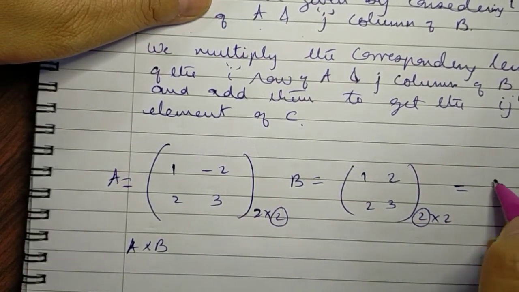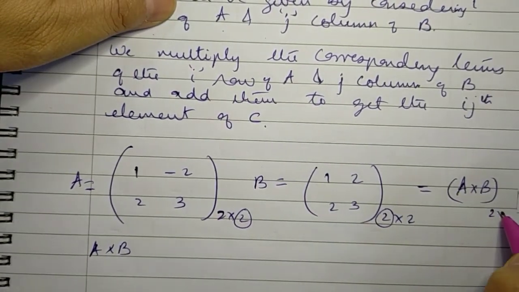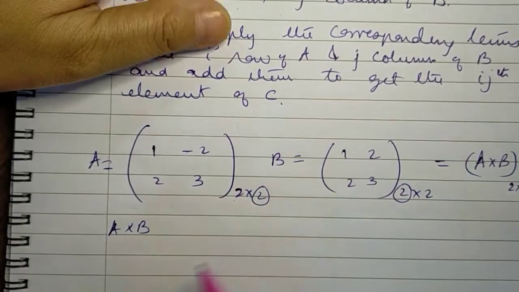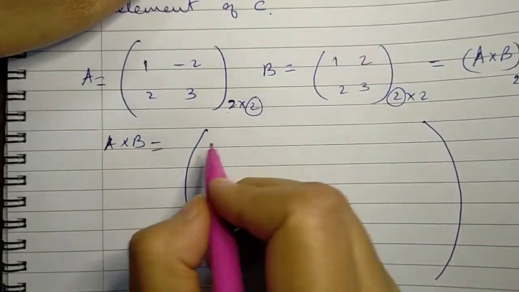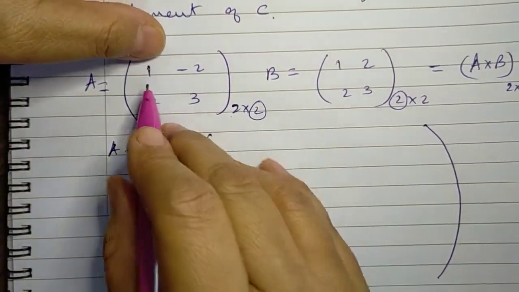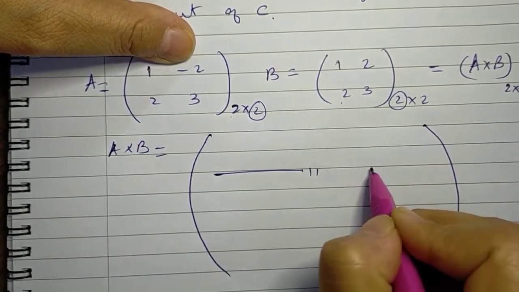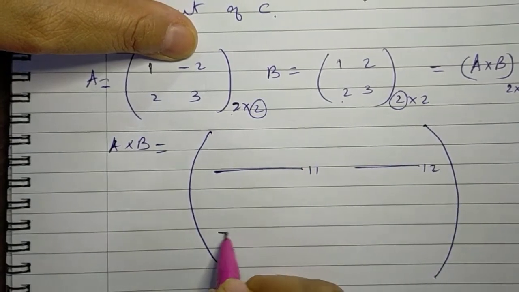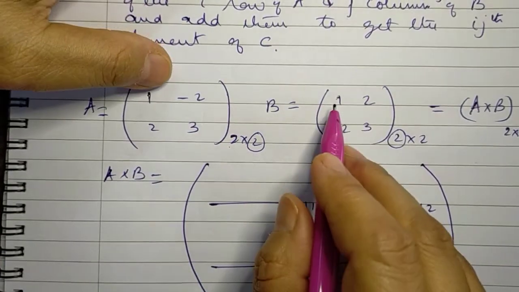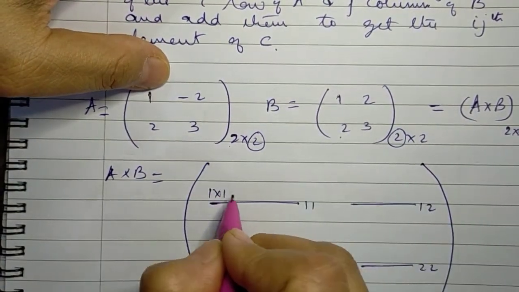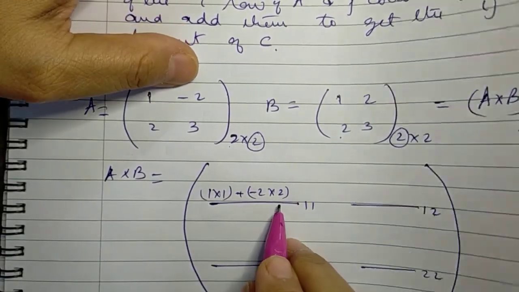So A cross B will come out to be 2 by 2, with 2 rows of this and 2 columns, so there are 4 positions to be filled up. The first position will be the first row of this and the first column of this. This is the 1 1 position, this is the 1 2 position, this is the 2 1 position, this is the 2 2 position. So 1 into 1 plus minus 2 into 2 is the 1 1 position.